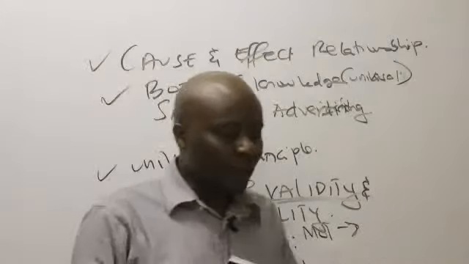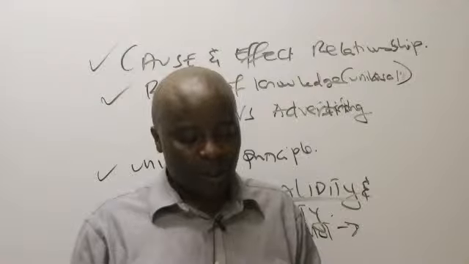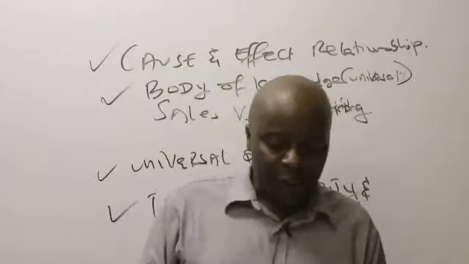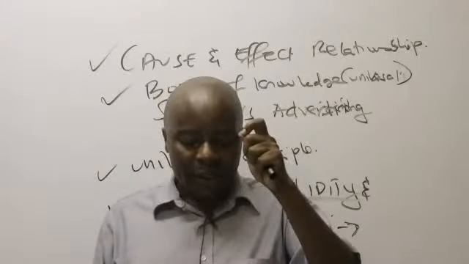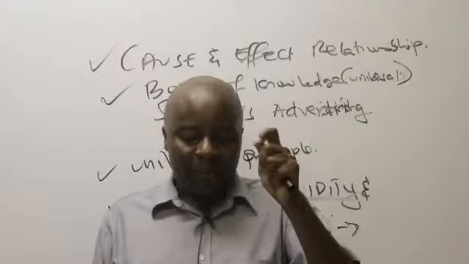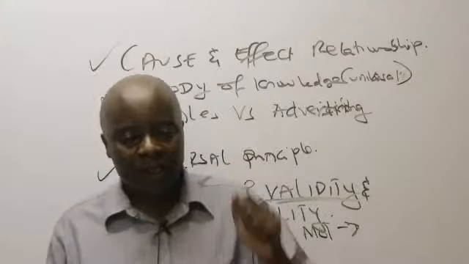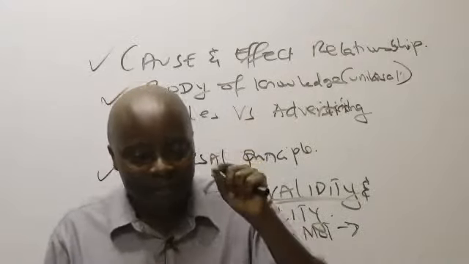So can we kindly go to May 2021, question number 5A. With regard to contemporary theories of management, discuss the 3 categories of Henry Mintzberg. Do you remember the 3 categories of Mintzberg?